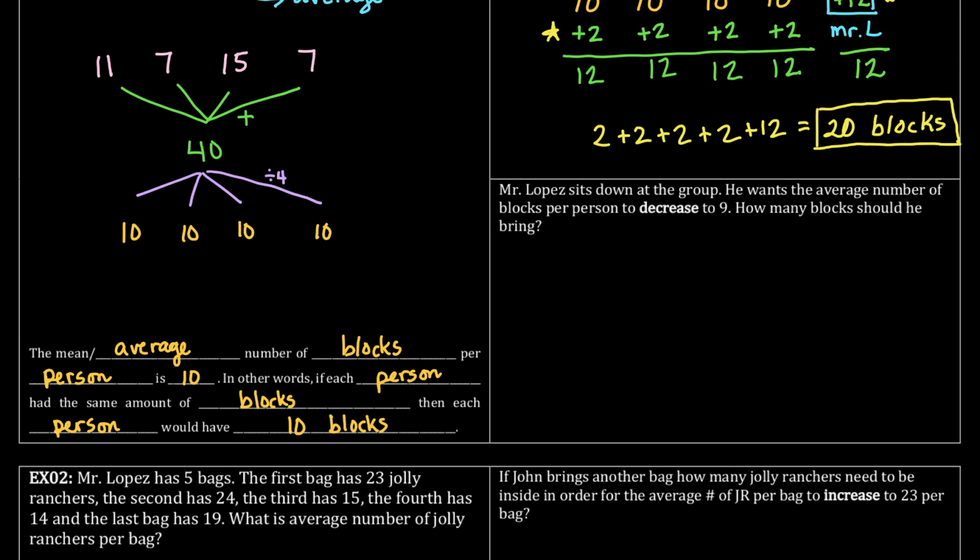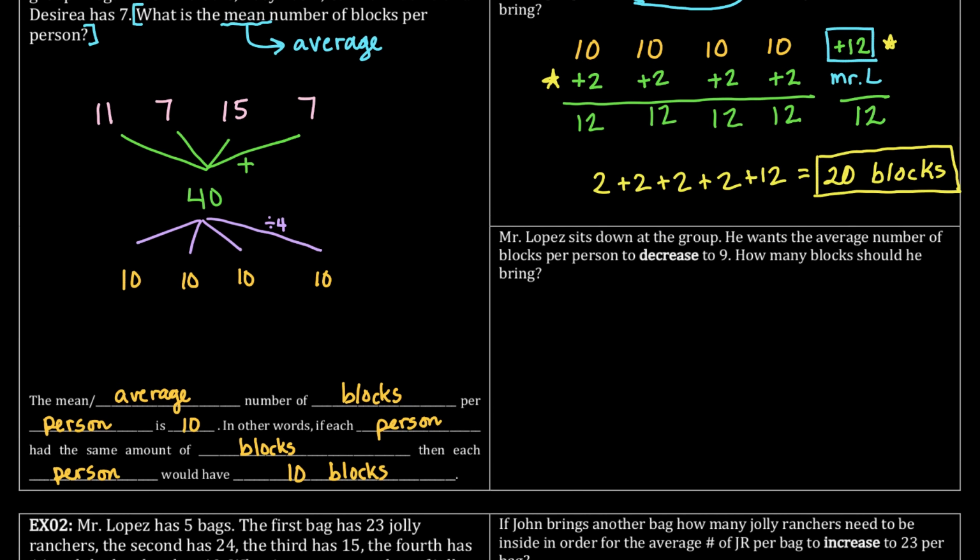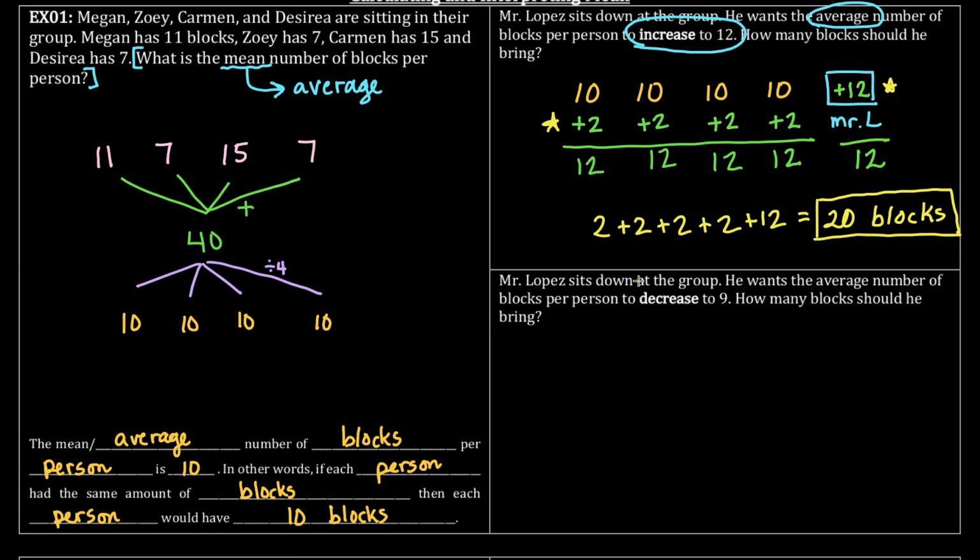So this time I'm sitting at the group. I want the average number of blocks per person to decrease to 9. So each person, if we split them equally, has 10.